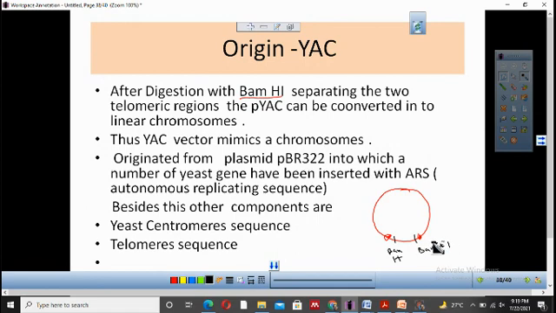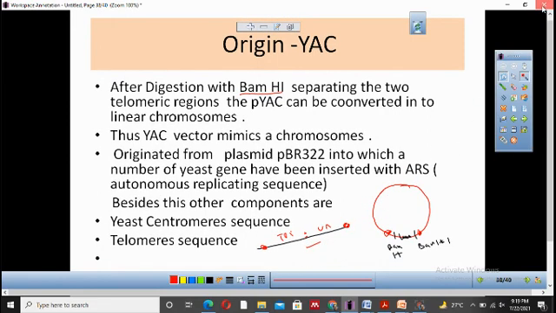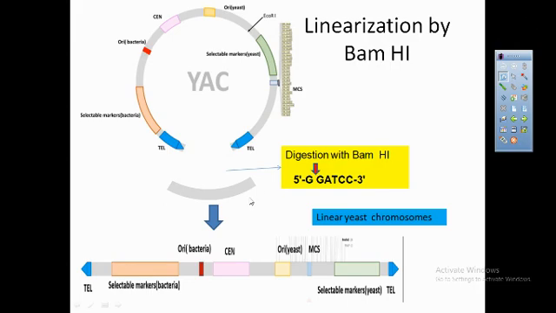These are restriction enzymes. So when it is treated with BamHI, it is cut, and after cutting this portion is excised, and we can get linear chromosomes with two telomeres at terminal ends, and the centromere, and then URA, then TRP1, then SUP, all the components you can see. So you can see here how it has been created.